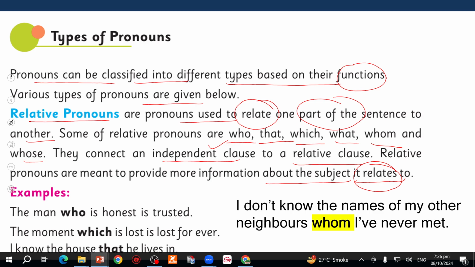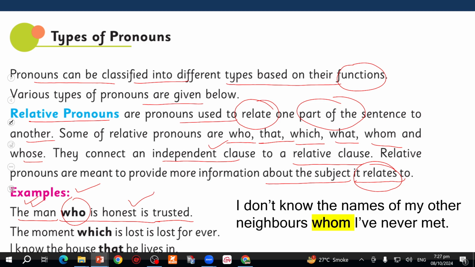For example, the man who is honest is trusted. Now, this relative pronoun who is joining this part of the sentence with this other half. So if we remove it, the man is honest is trusted. The man honest is trusted.